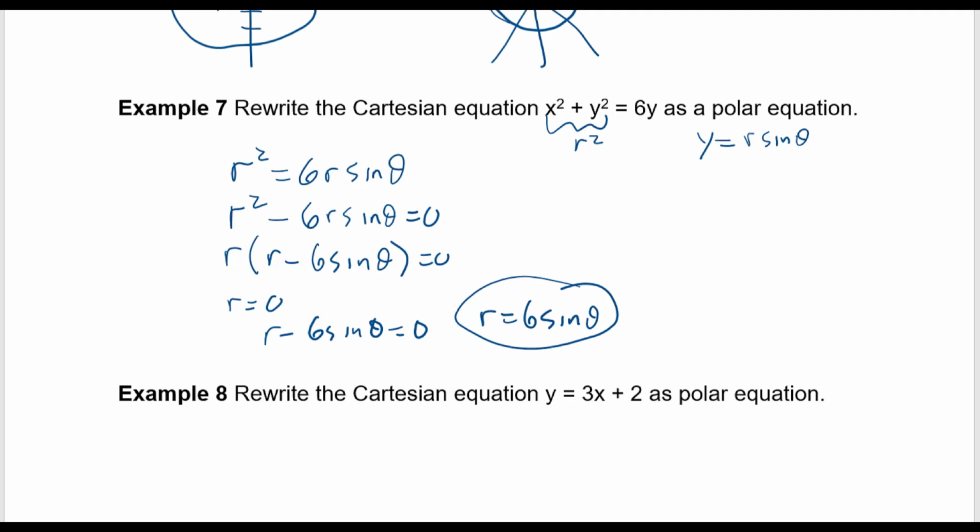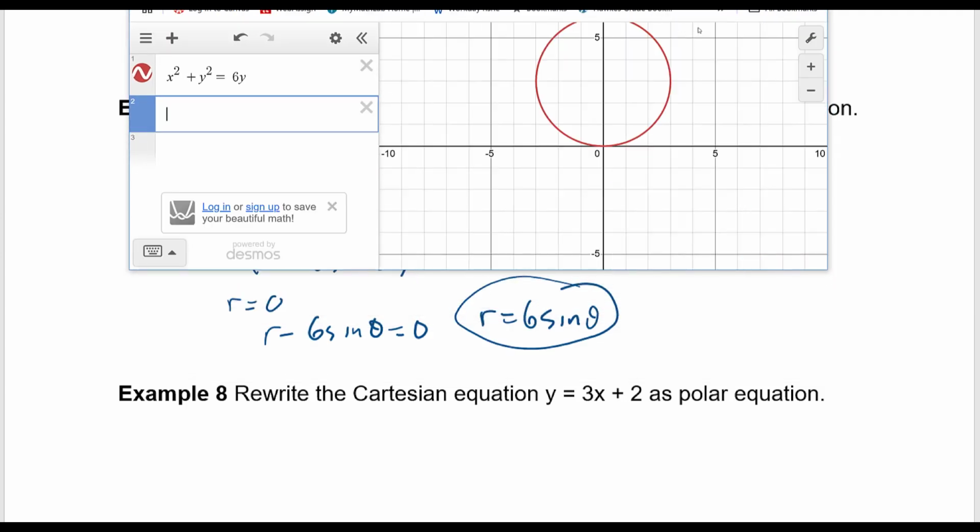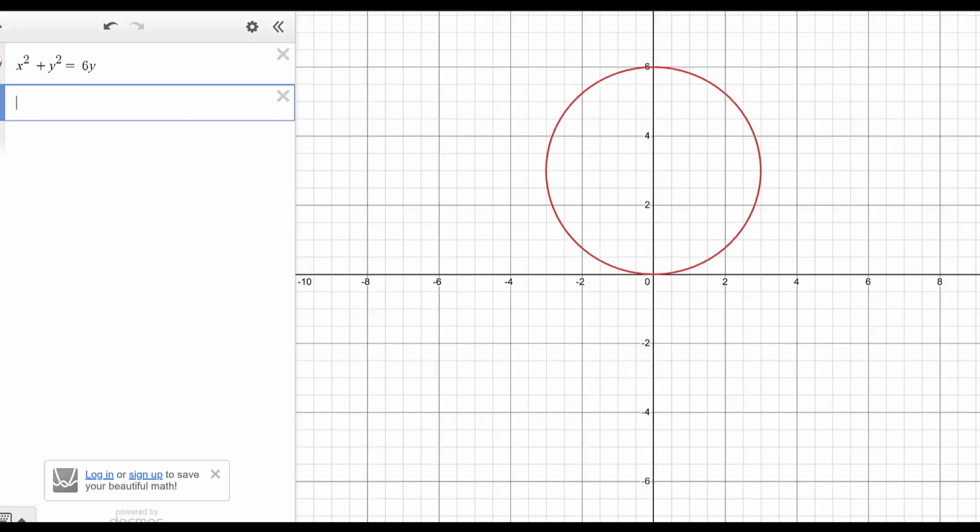Now, if we were to graph this original, maybe Desmos is the way to do it. Maybe I should pull up Desmos and try that. Let me see if I can do that. So here is, let me drag it over here. There we go. Here is x squared plus y squared equals 6y.